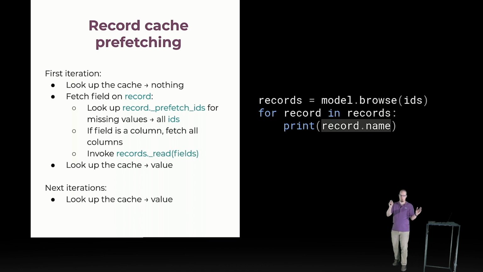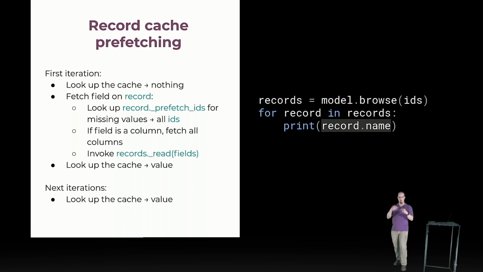And there's an extra bit for gaining performance. If the field itself is stored as a column in the database, you'll fetch almost all columns from the table of the model, because it's more efficient to perform it that way. And then, once you've determined all the fields you're going to fetch, you invoke the low-level method read, to actually make an SQL query to retrieve that data and put it in cache.